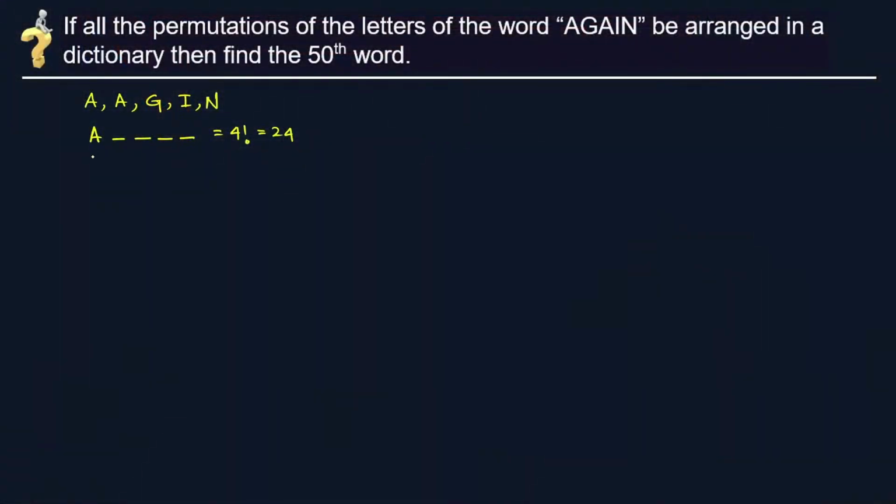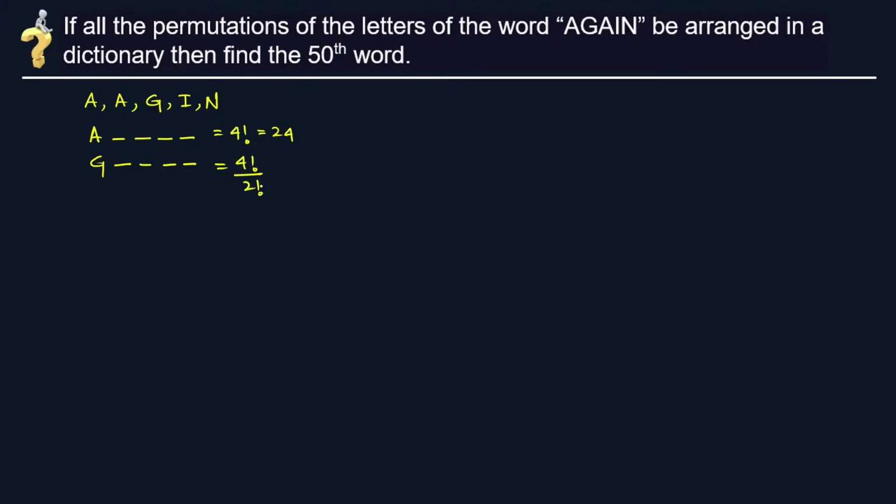So 24 words, already we have put those 24 words in the dictionary, one by one, right? Alphabetically, because it has all started with A. So that will come in the first place. Now, the word next will start with G. And the 4 places will be filled by factorial 4 divided by factorial 2.